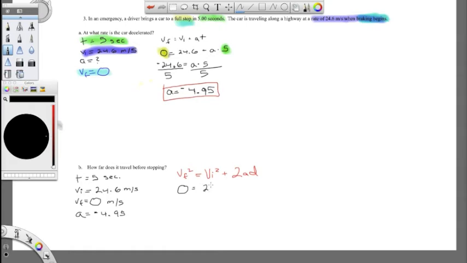So 0 squared is equal to 24.6 squared, plus 2 times the acceleration times the distance. Now the acceleration is negative 4.95, and the distance is what we are solving for, so we're going to put a D to not get confused.